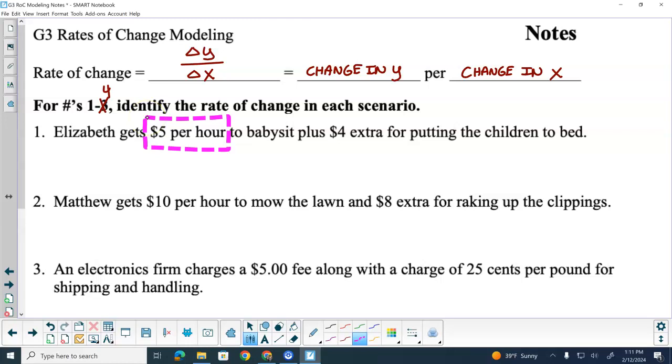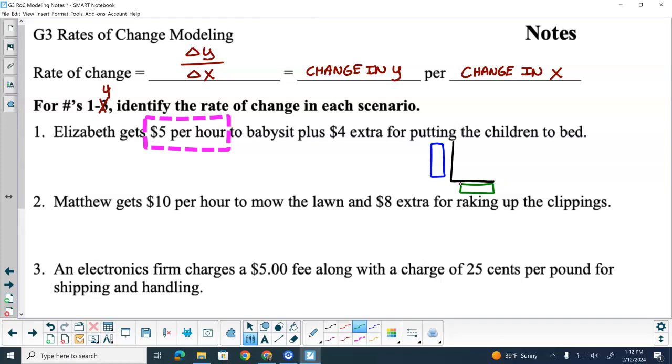If we were to graph this number one scenario, what would the label be on the vertical axis, and what would the label be on the horizontal axis? Hours and money, which one which? Hours on the x, so that's the bottom one.